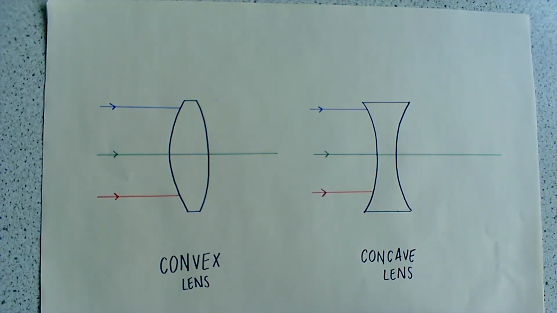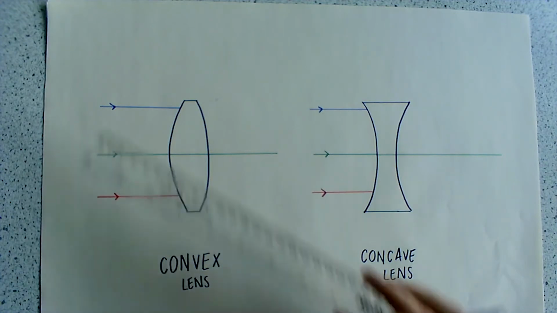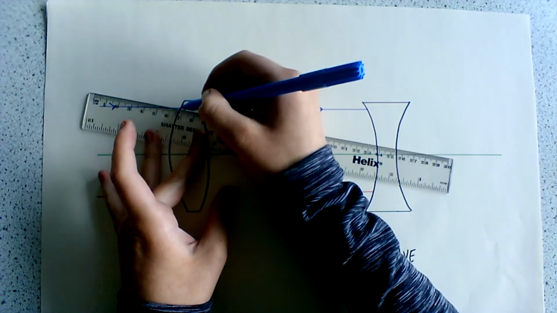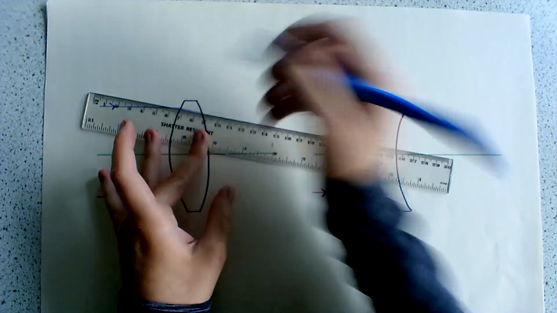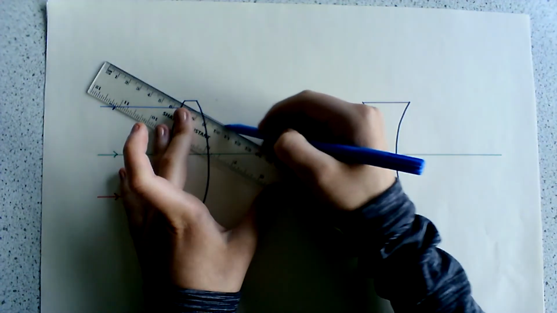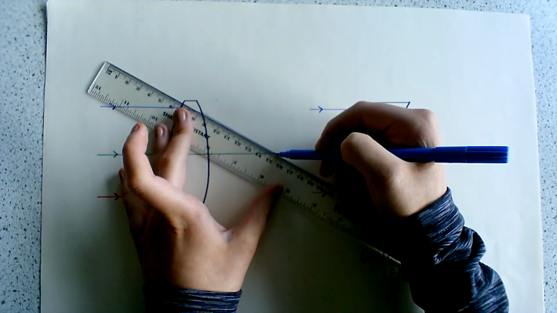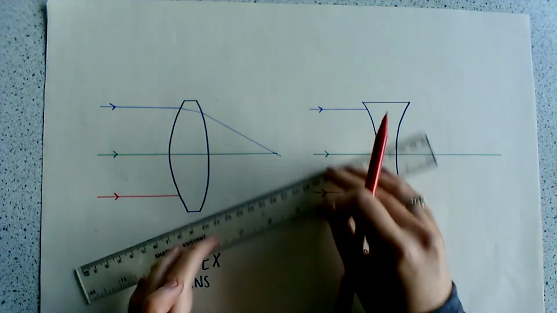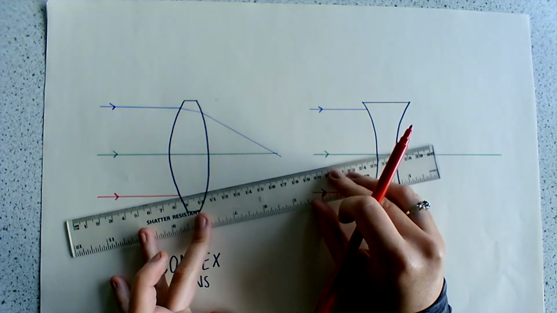The blue rays within the convex lens started bending as it passed through the material, and even more when it exited the material. And it came to a point. The red ray did the same thing.